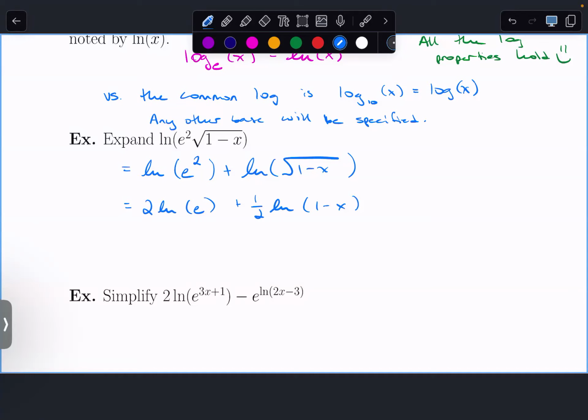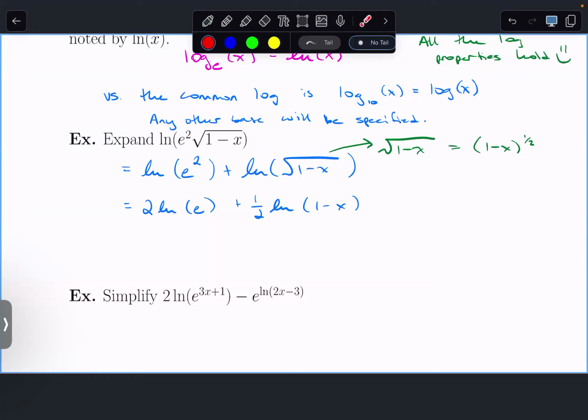Why is it 1/2? We said, well, by those exponent laws, right? The root of 1 minus x, I can rewrite as 1 minus x to the power of 1/2. And then I have the power of 1/2 that I can bring down in front. Okay.